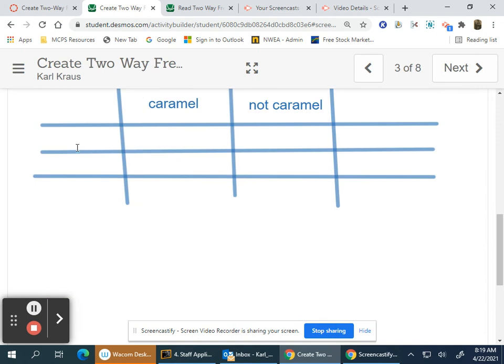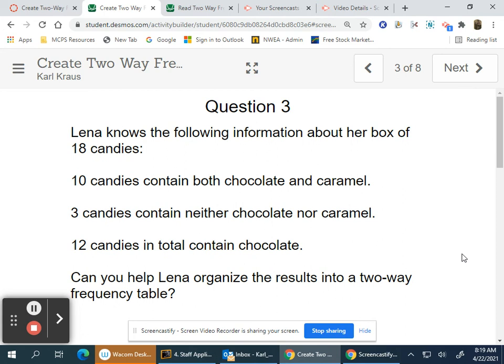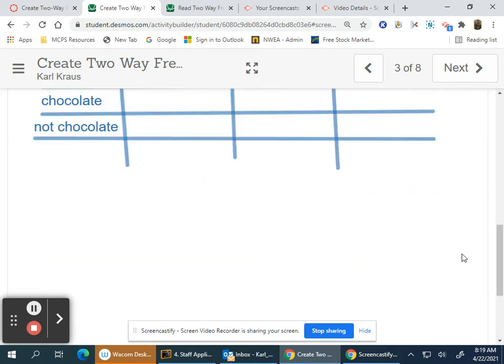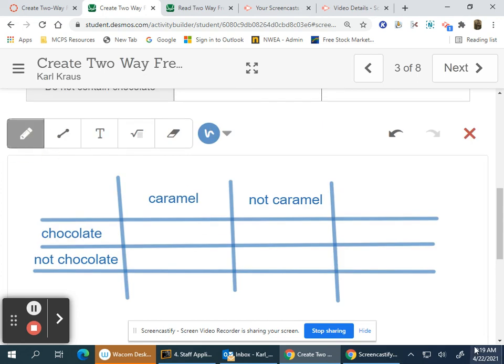Chocolate and not chocolate. All right, so 18 all in total. So down here in the corner, this is 18. That's given.